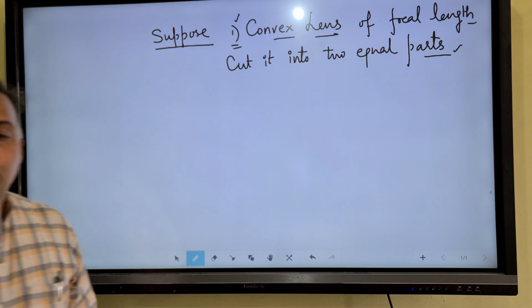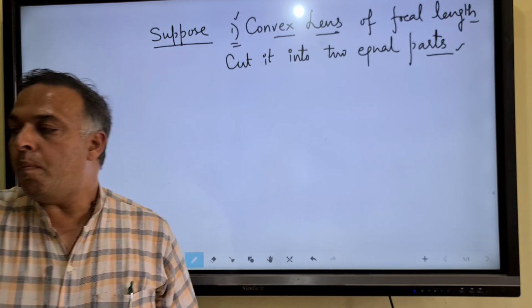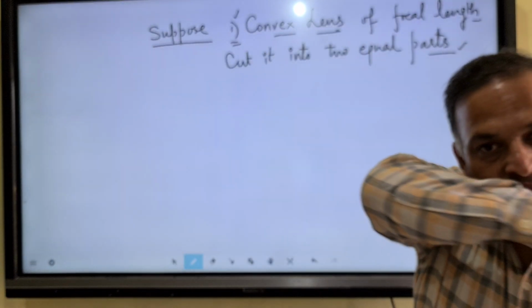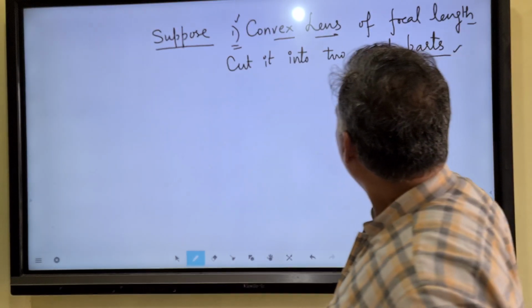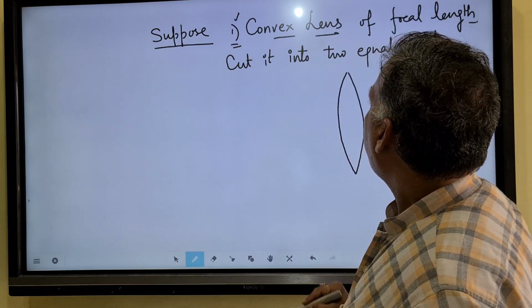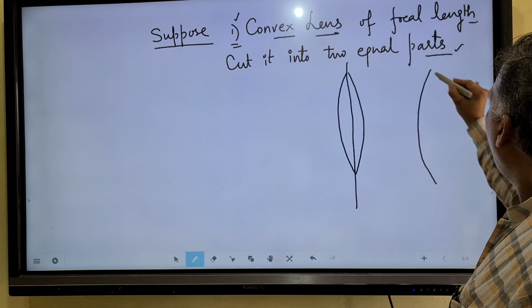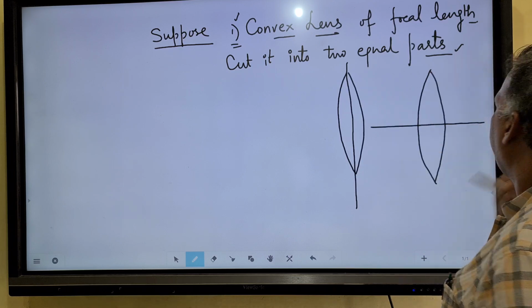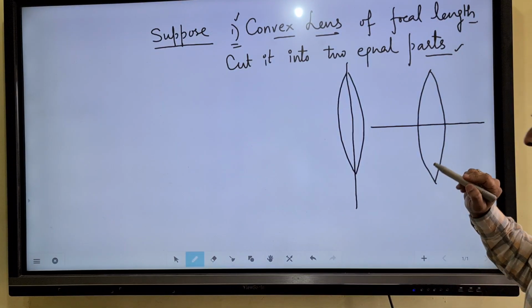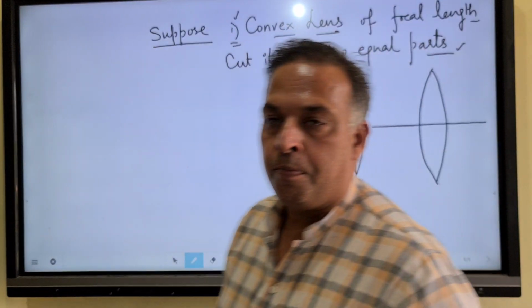What will be the focal length of each part? We can cut it in two ways: perpendicular to the principal axis, or parallel to the principal axis.